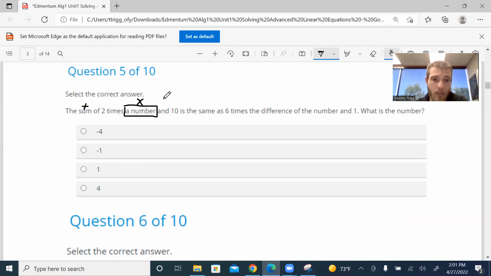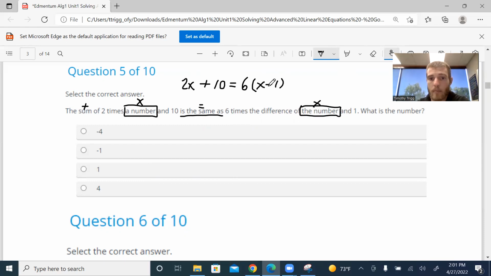So the sum of 2x, that means 2 times a number, and 10, is the same as, that's equals, 6 times the difference of the number, there's x again, and 1.